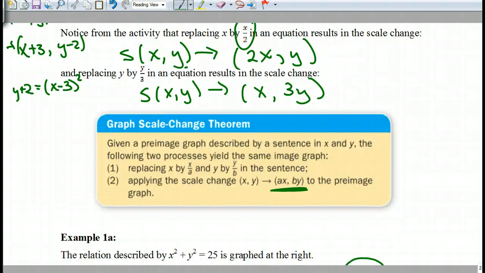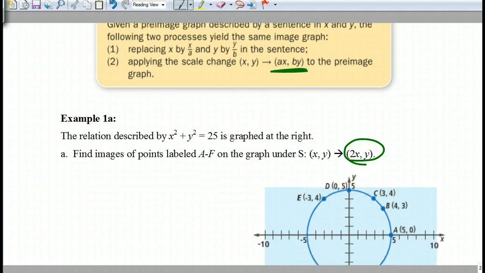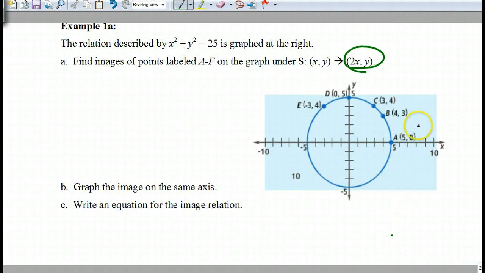Okay, so now, here it is. It says we are changing the x values by 2. We're multiplying by 2. So now let's look at the graph and actually physically change it. If I'm at 5, what should the x value be in the new graph? 10. If I'm at -5, where should my x value be? -10.